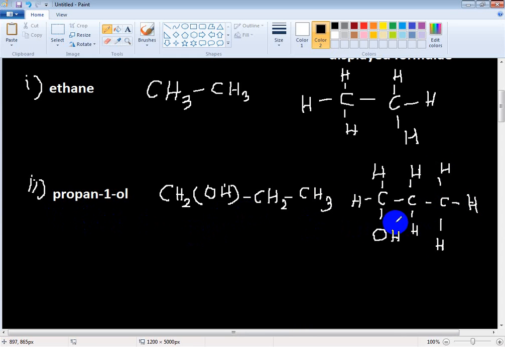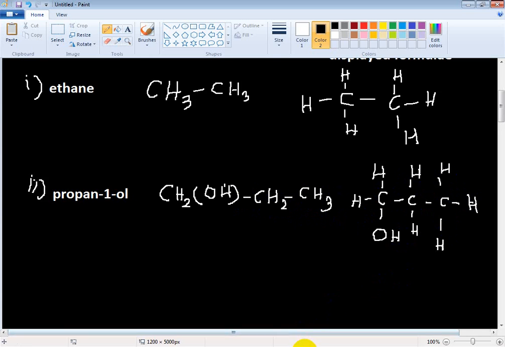This is the displayed formula. This carbon has 2 hydrogens and 1 alcohol group, functional group OH, and then CH2, this carbon has two hydrogens. There is a carbon bond. This carbon has 3 hydrogens, 1 2 3.